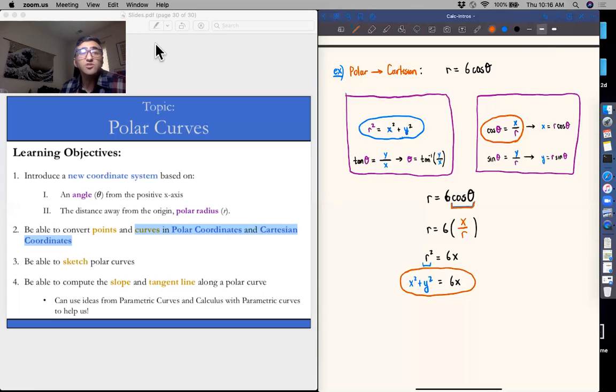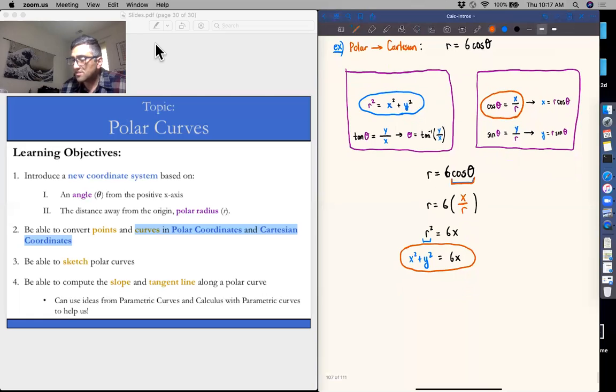What I'm about to do is go a little step further, because we can show, in a slightly familiar form, what this equation actually represents. I think this will be a little bit of extra practice for us. So the spoiler here is I'm going to show that this is a circle.